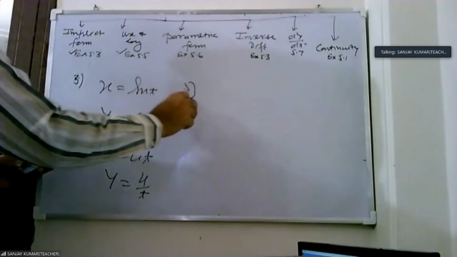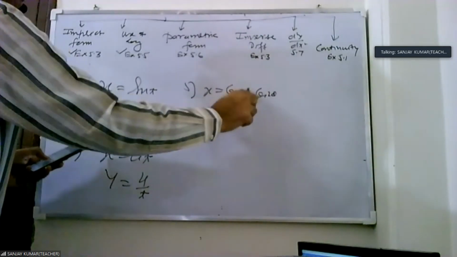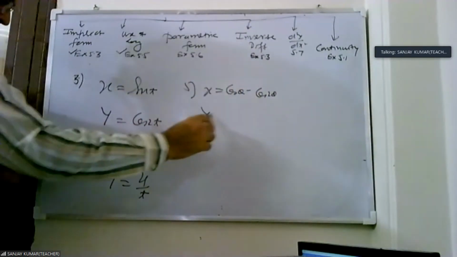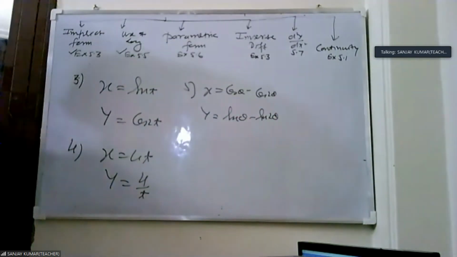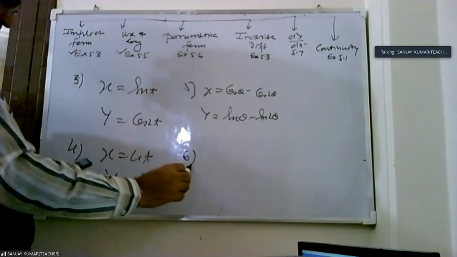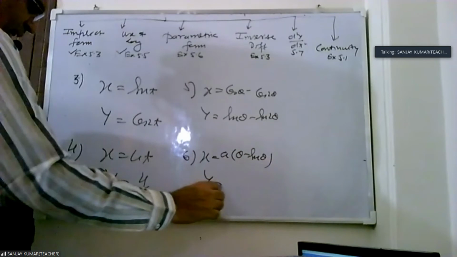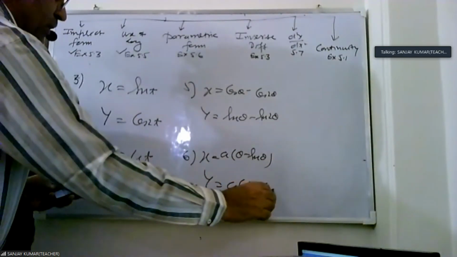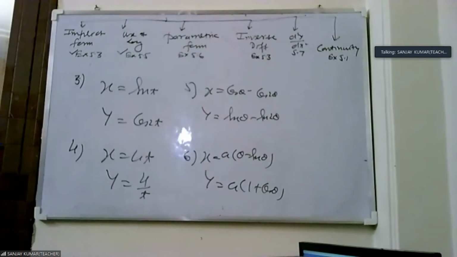The fifth question is x equal to cos theta minus cos 2 theta, and y equal to sin theta minus sin 2 theta. In every question you find dy by dx. The sixth question, x equal to a times theta minus sin theta, y equal to a times 1 plus cos theta. The question is the same. Do all the 4 questions.